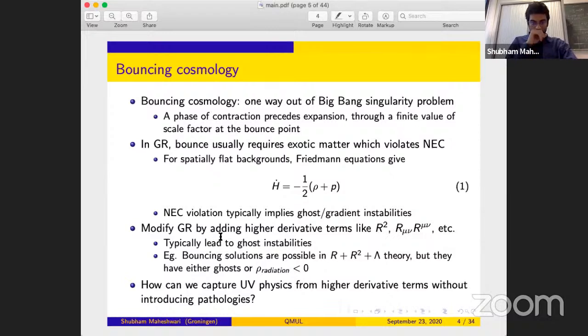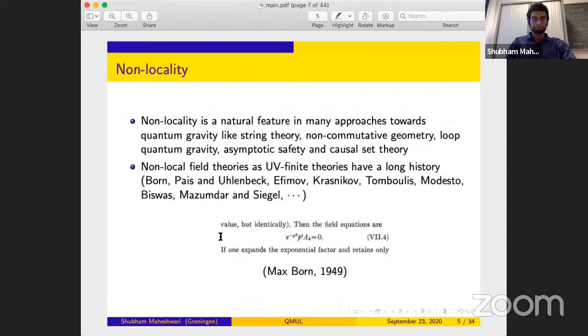The approach that I will follow is to non-localize the action. Non-locality, in a very general sense, has been a natural feature in many approaches towards quantum gravity, and it appears in many different ways in different theories like string theory, non-commutative geometry, loop quantum gravity, asymptotic safety, and causal set theory. They appear in all these different theories in different ways, but it seems to be a common feature.